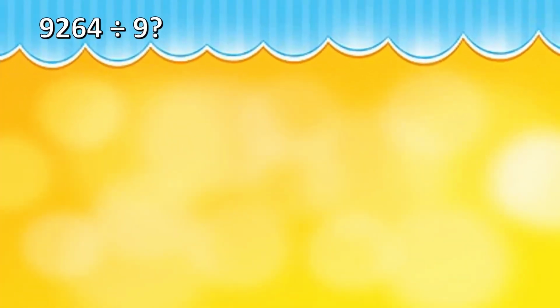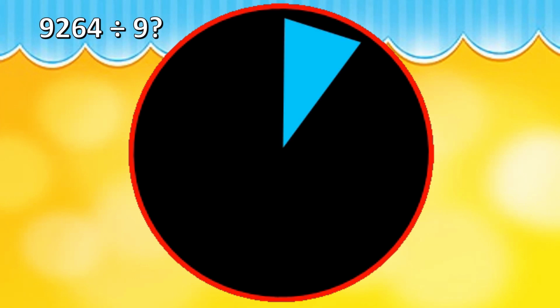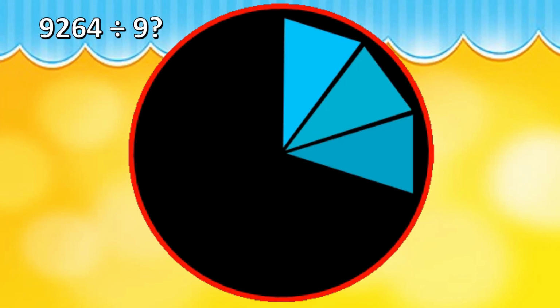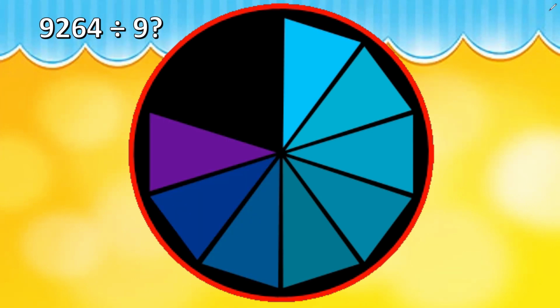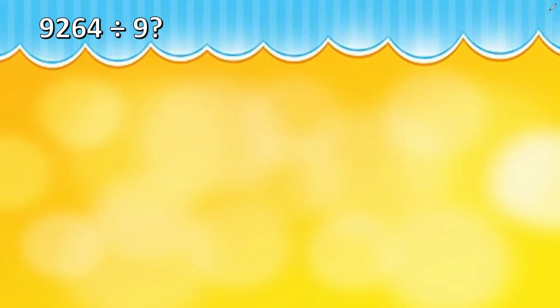9,264 divided by 9. So 9,264 divided by 9. 9 divided by 9 is 1. 1 times 9 is 9. 9 minus 9 is 0. Bring down 2. 2 divided by 9, that will be 0.